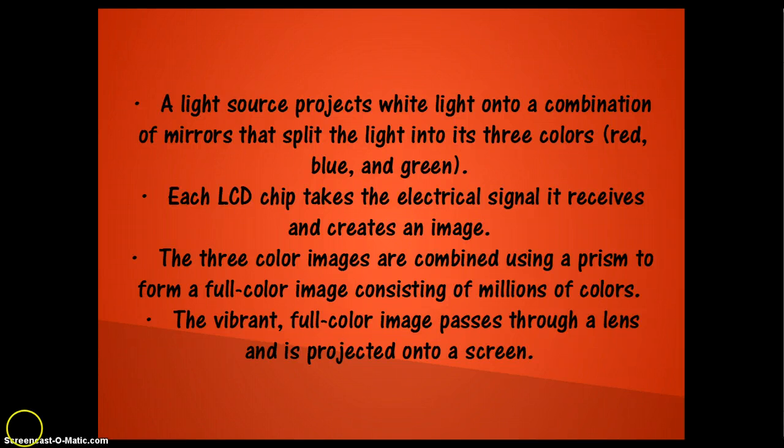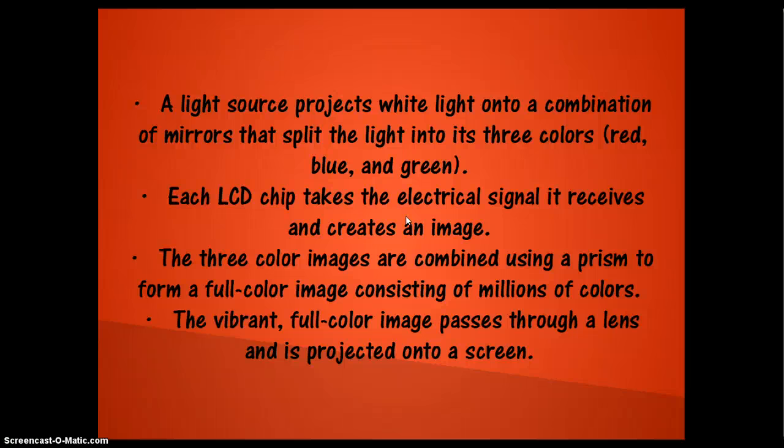So, when you're using your projector, your LCD chip gets an electrical signal and wants to create an image. And so, as the light travels through the projector, it is split into three different, I guess you could say, streams. And the streams each turn into a color.